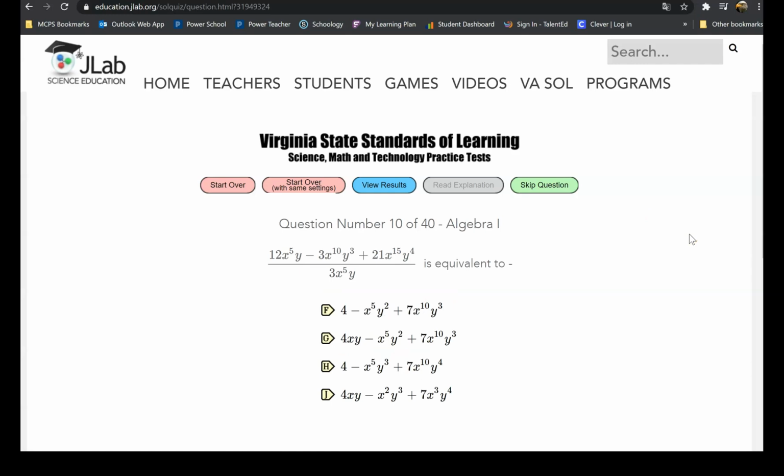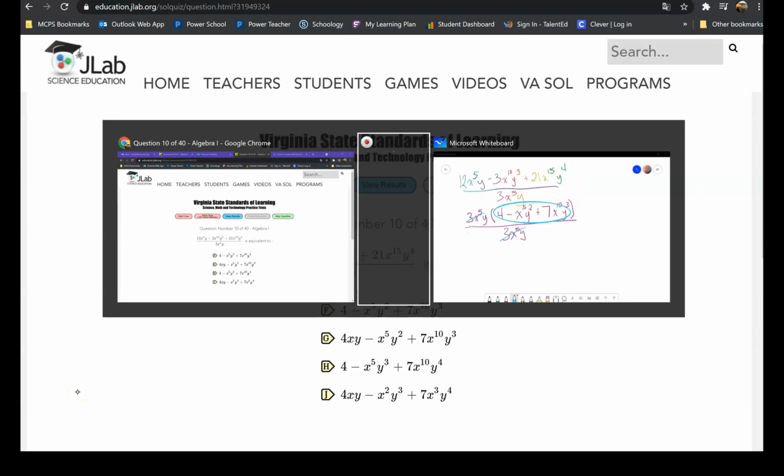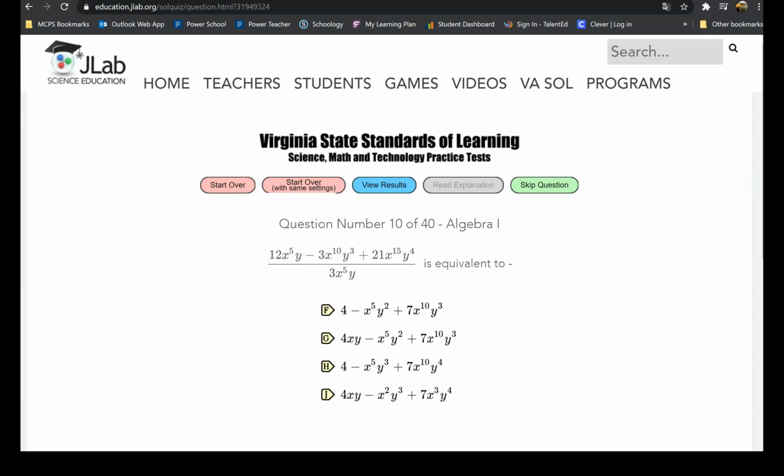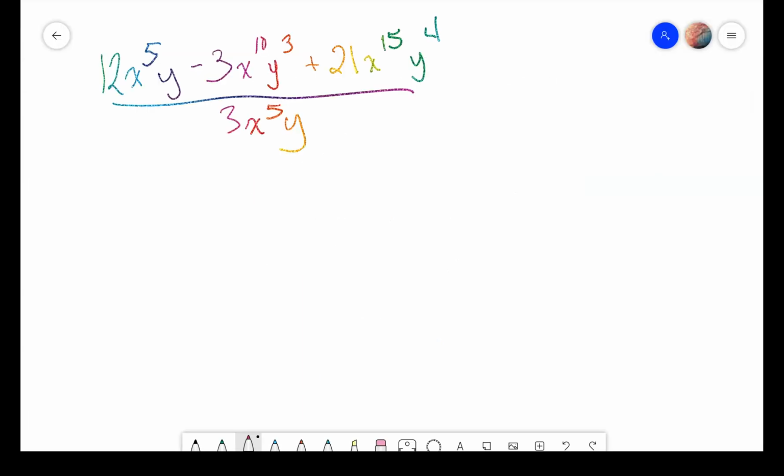Oh boy. What is the equivalent of this? We're going to need to write this one out on our whiteboard. Be right back. Alright, so first thing I'm going to do here is simplify. And if I'm looking at my top equation, it looks like the greatest common factor is 3.